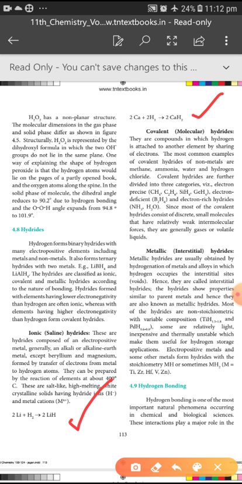The next hydrides are metallic hydrides, another name interstitial hydrides.